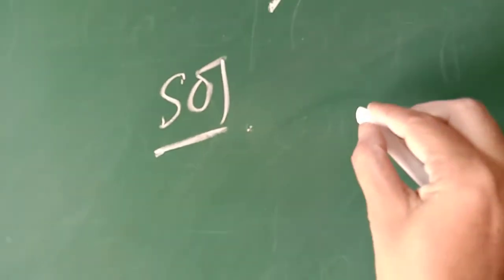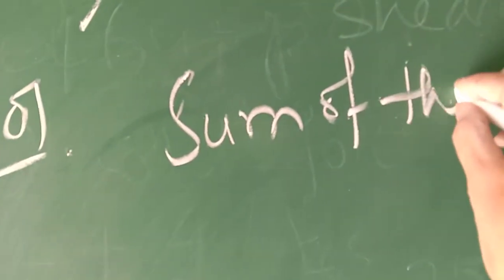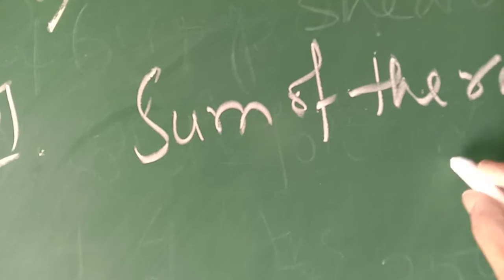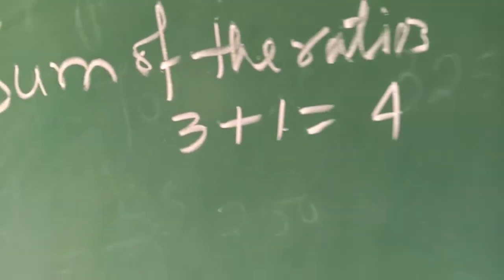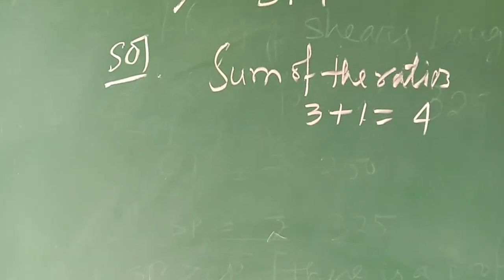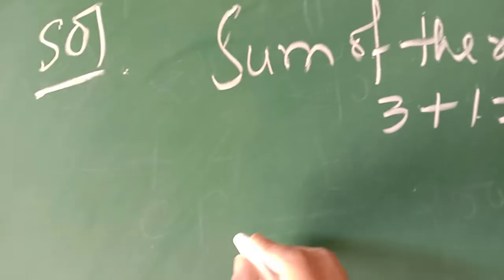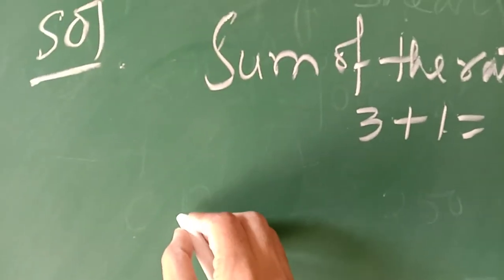Solution is started here. Sum of the ratios, 3 plus 1 equal to 4. As you know, it is comparing quantities and you are comparing the first part. Out of 4, how much portion has the first part got?